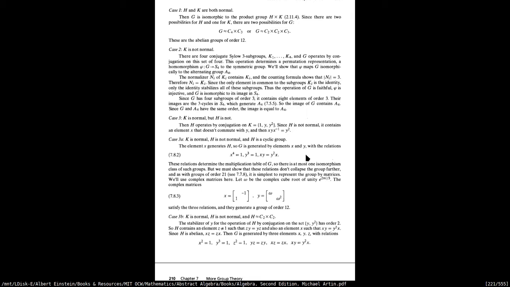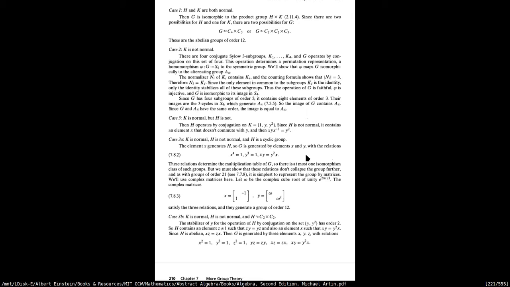Right. Because the symmetric groups all have order n factorial, and the alternating groups are n factorial over 2. So 18 is not a factorial, and it's not half of a factorial. So we don't have to worry about those.